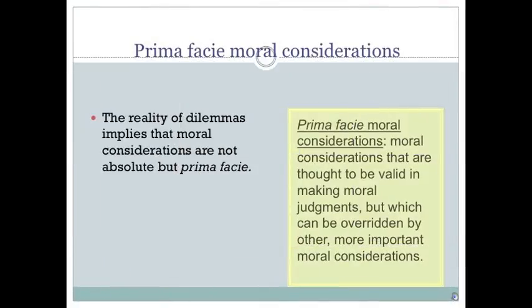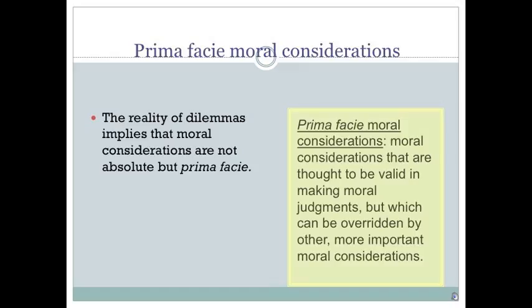Now, the second thing you need to understand, of course, for this is the idea of prima facie moral considerations. We have said that each of our principles are prima facie. That means they do point to things that make a difference morally, to things that really matter, like whether an action is harmful or coercive or manipulative.